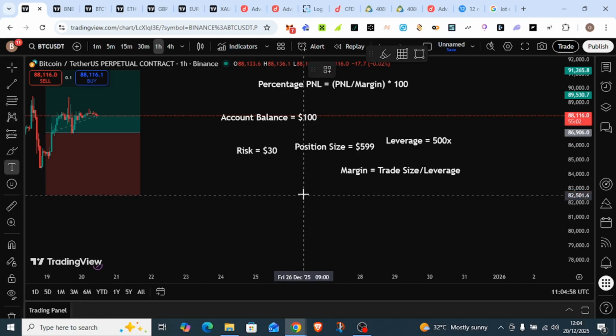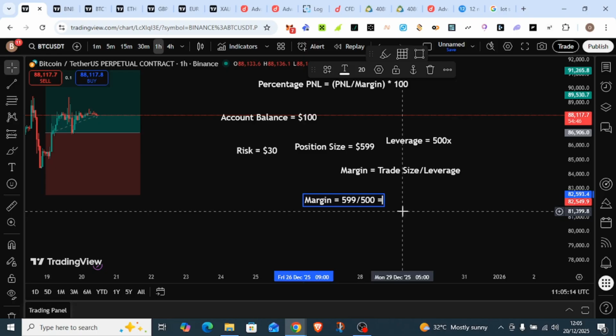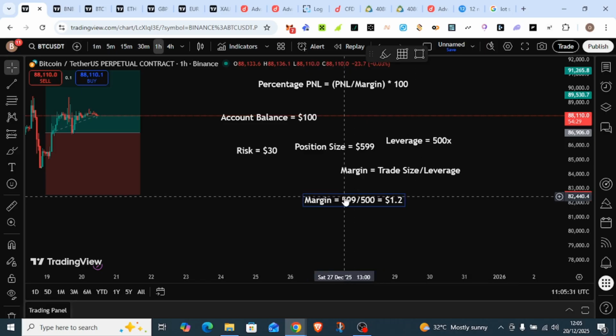So margin is equal to 599 divided by 500. This is going to give us $1.2 approximately as the margin. So this is the minimum amount required for us to place this trade.